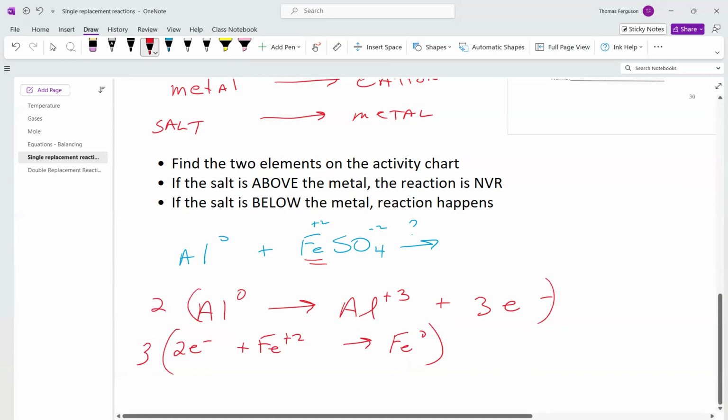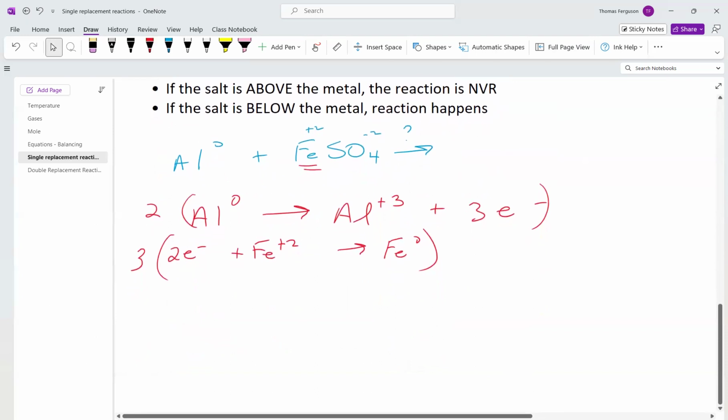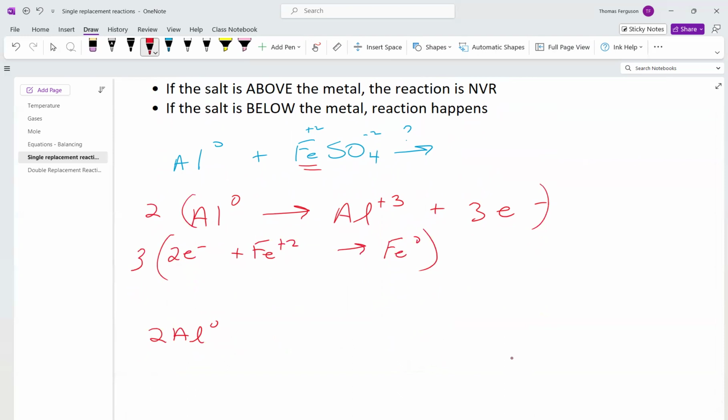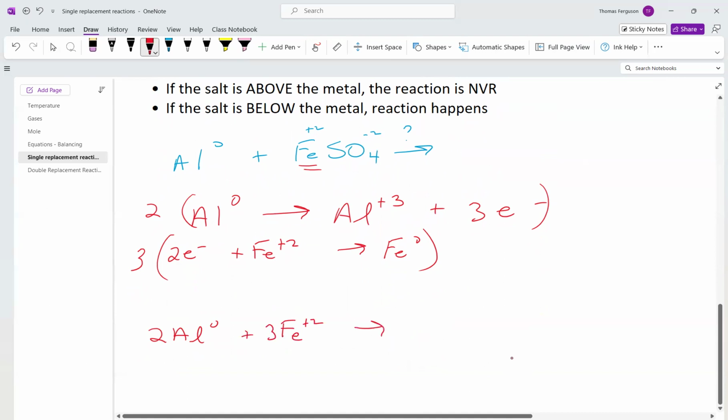So let's rewrite this now. It's going to be 2 aluminum metals plus 3 iron ions gives us 2 aluminum ions plus 3 iron metals.